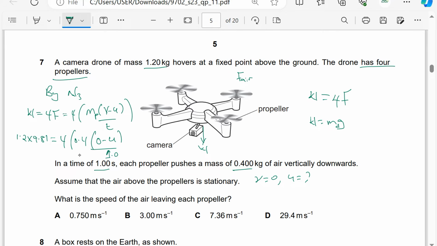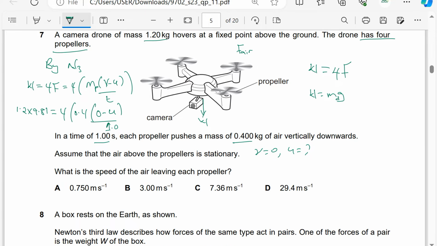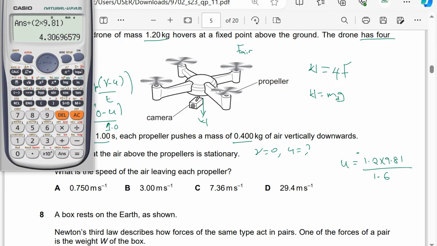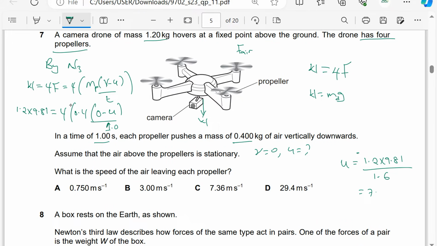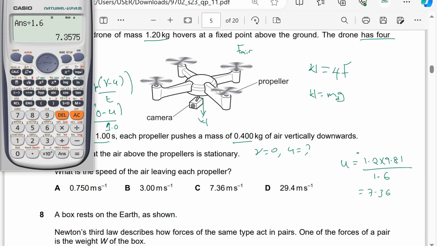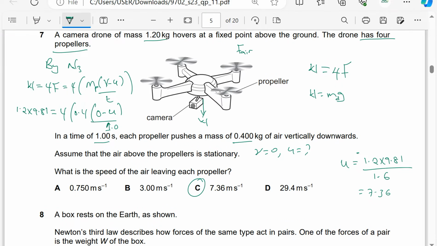So I'm going to get u, whether it is negative, it doesn't matter, the magnitude is the same. So I'm making u the subject. U is going to be 1.2 times 9.81 times 1 divided by 4 times 0.4, that is 1.6. I've just ignored the minus, but you can add it there if you want. So pressing my calculator, 1.2 times 9.81 divided by 1.6, this gives me 7.36. So the answer is going to be C.